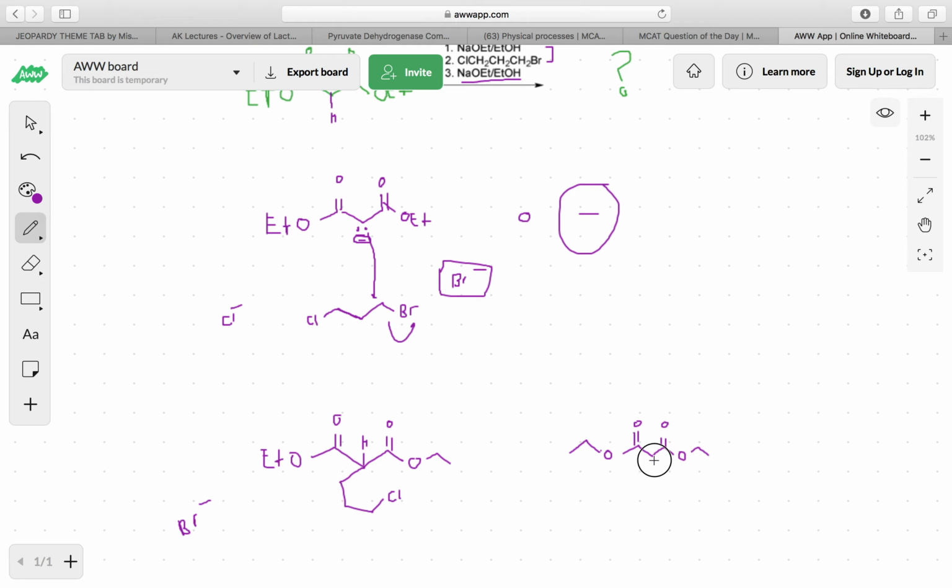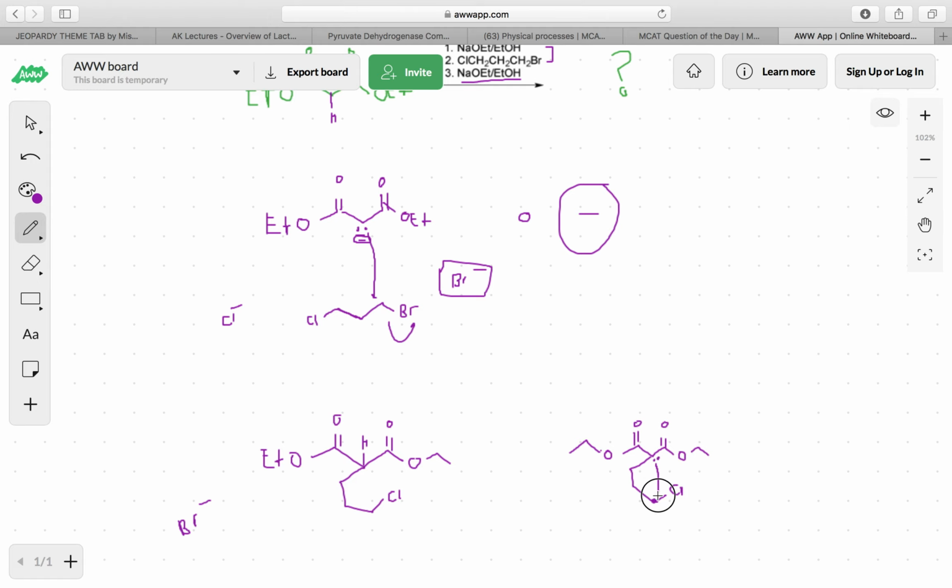So we have an anion right here, and then we have this group we just attached, so 3 carbons, 1, 2, 3, and then a chlorine dangling off. So, okay, we have a nucleophile, but then again, we just added an electrophile, because this point right here is an electrophilic carbon. So we can do an intramolecular nucleophilic electrophilic reaction.